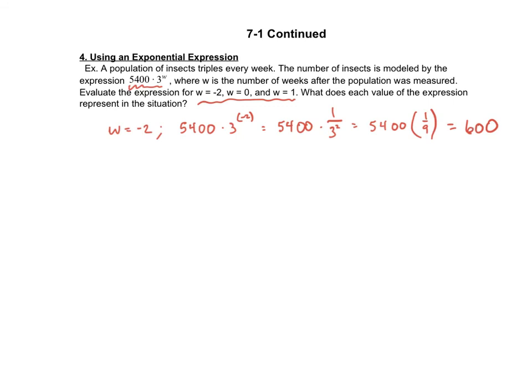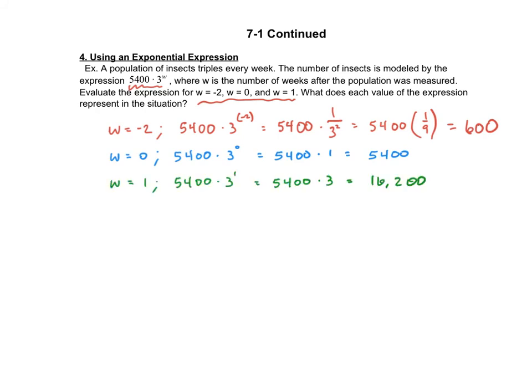Now let's do the next. So simplifying for W equals 0, I take my equation again, and I have 5,400 times 3 to the 0 power, which equals 5,400 times 1, because anything to the 0 power is 1. And then therefore that simplifies to 5,400.